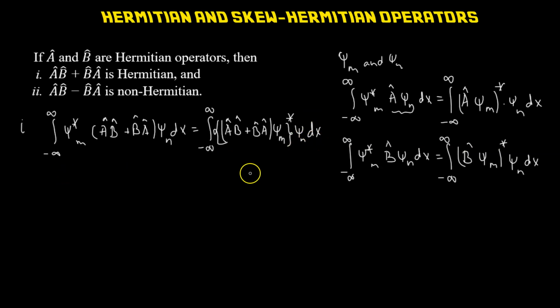So this is what we need to prove. If we do that, then we can say that our operator AB plus BA is Hermitian in nature.